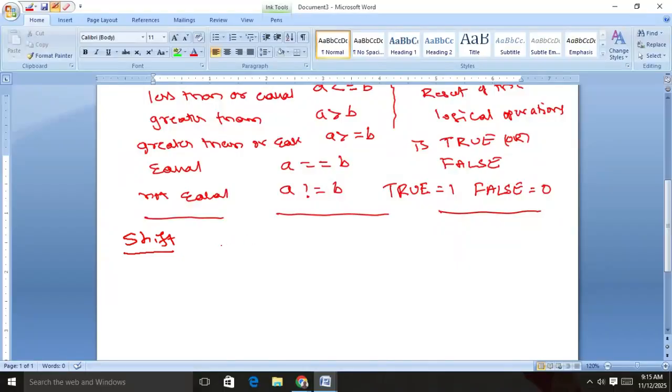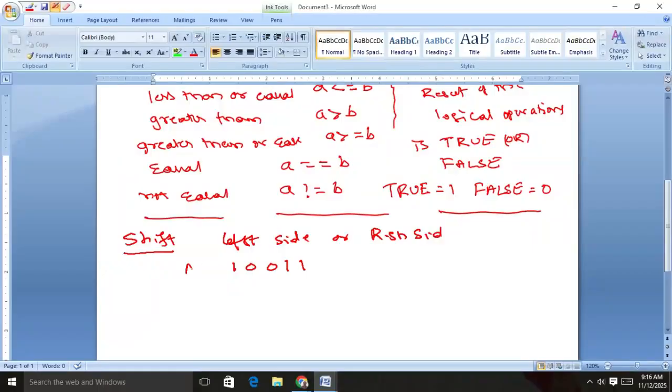Shifting means we are going to move the data towards the left side or right side. Suppose we consider the data 1 0 0 1 1.